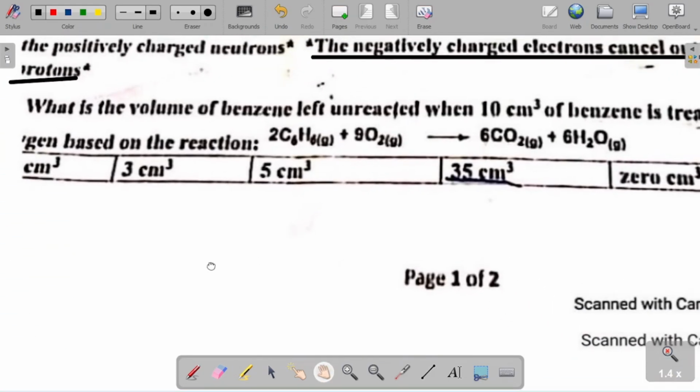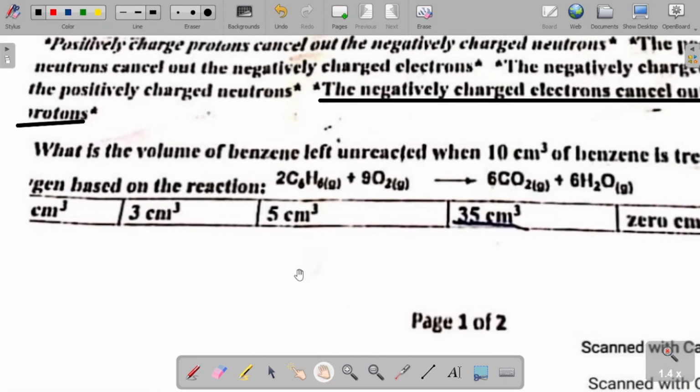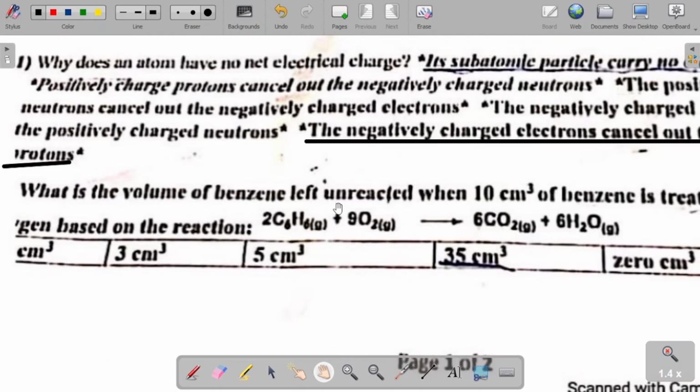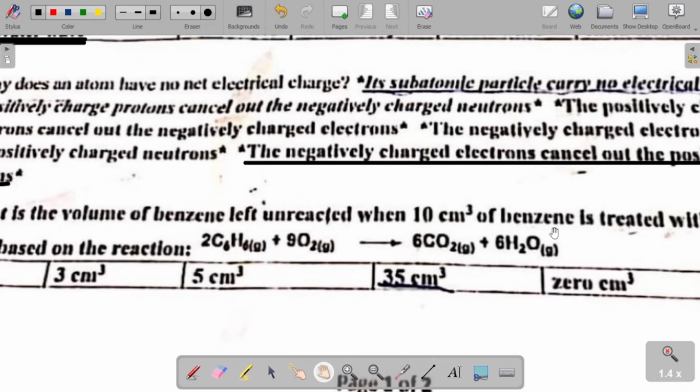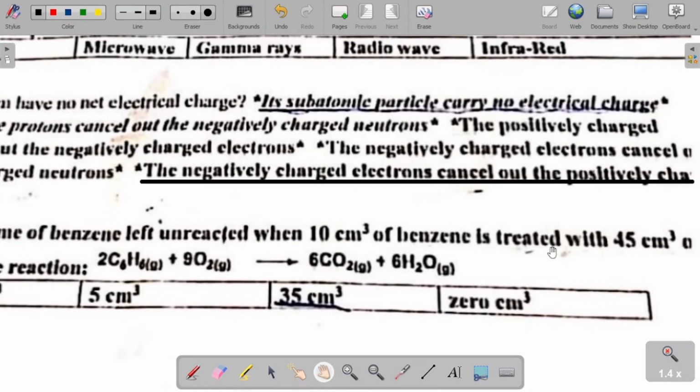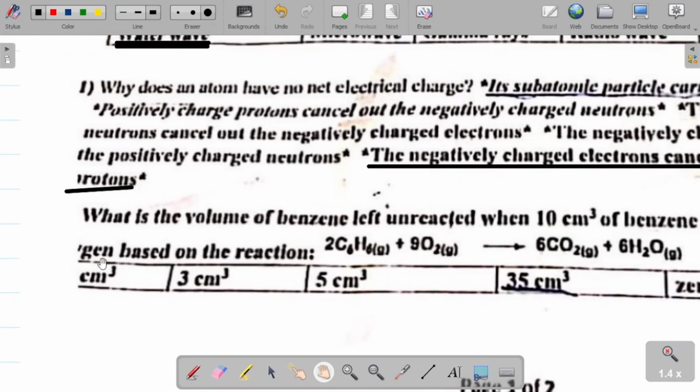All right. The next one here, the last one for page 1, just says what is the volume of benzene left unreacted when 10 cm³ of benzene is treated with 45 cm³ of oxygen based on the reaction.